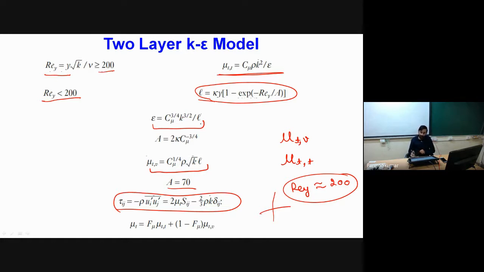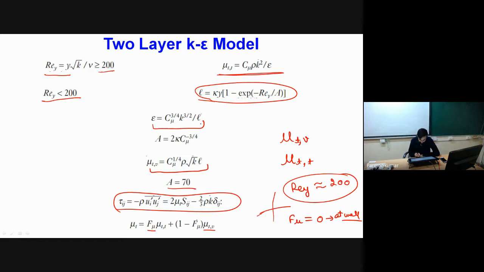Okay, so in order to have smooth transition across the boundary, we define mu t equal to f mu times mu tt plus 1 minus f mu times mu tv, where f mu is equal to 0 near the wall. So at the wall this f mu will be equal to 0.